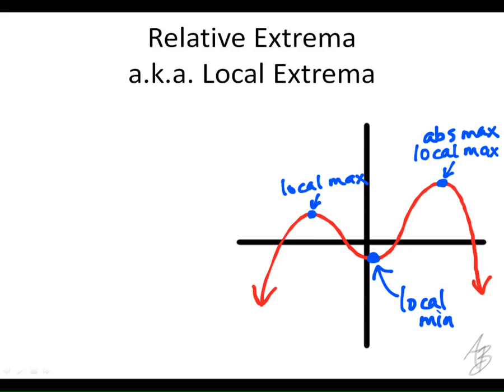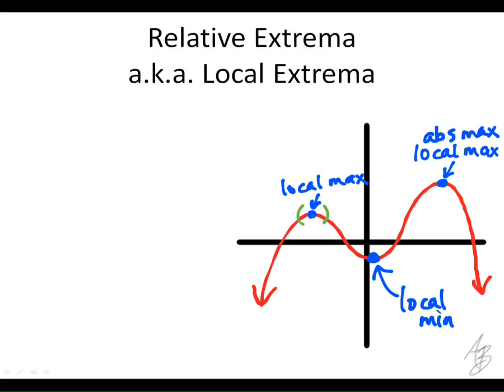So within some interval, and it doesn't matter how big the interval is, but within some interval around that point, it is the largest value in that interval. So the idea of a local extrema is it is the extreme value within some interval around it, in its neighborhood. Okay, that's why we call it local, because it's close to it.